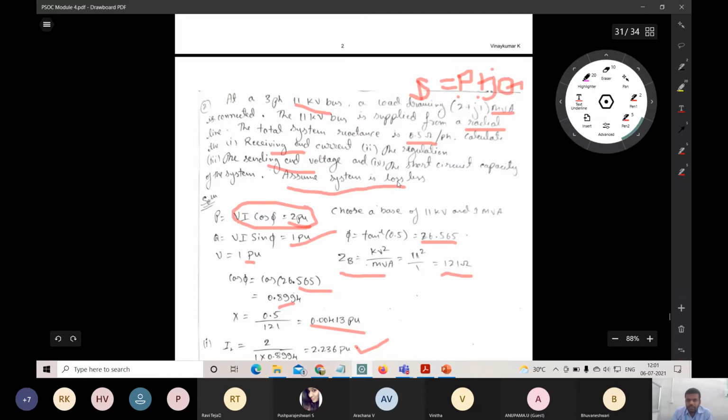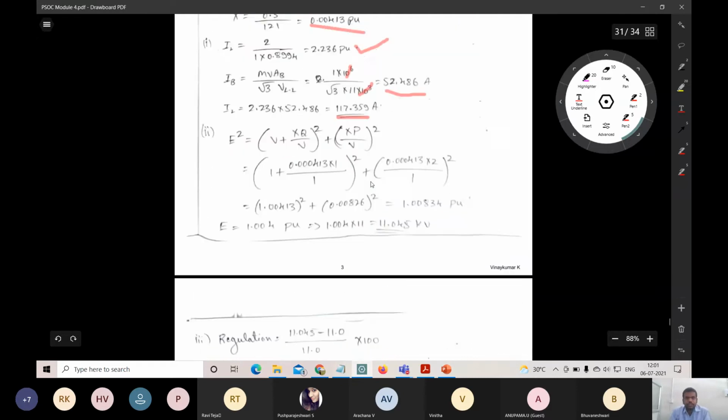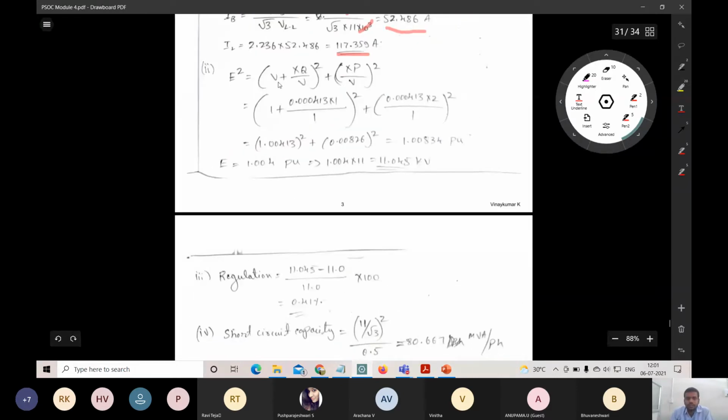So assume the system is lossless. When the system is lossless, neglect the resistance value. So by neglecting the resistance value, this is the equation: (V plus XQ by V) whole square plus (XP by V) whole square. Substitute the values of XQ and XP. Anyhow, we have taken V equal to 1 as our base value, 1 MVA.